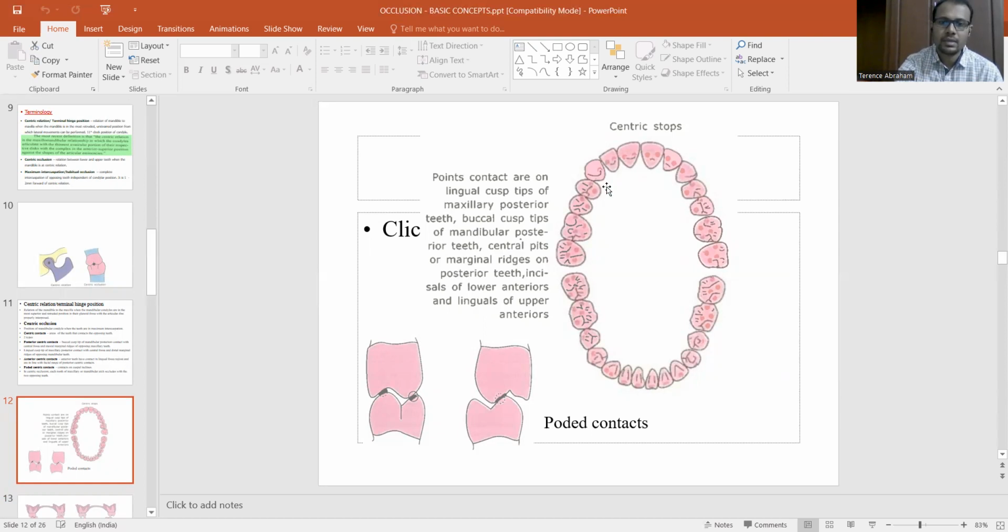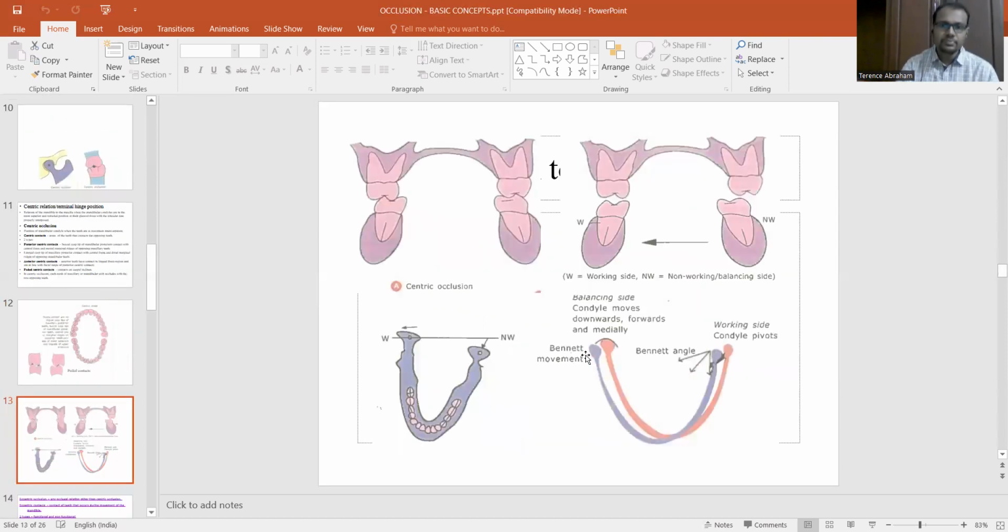So these are the various contact points you can see in the maxillary arch and in the mandibular teeth when the teeth are in centric occlusion. So this is the centric occlusion. When we shift the mandible to one side, that side is known as the working side and the opposite side is known as the non-working side.